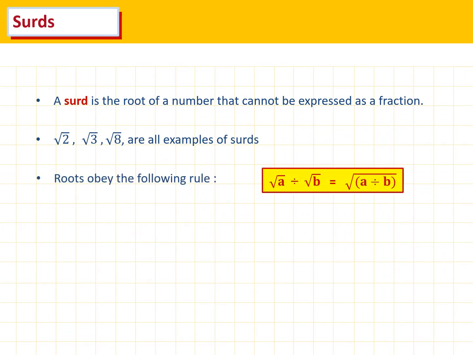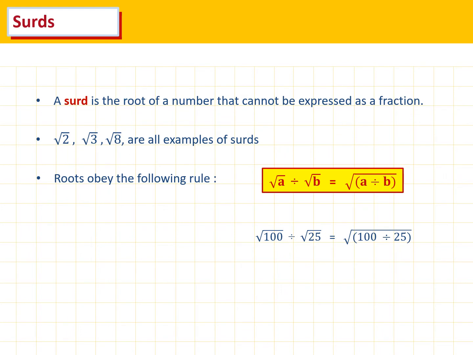Now roots obey the following rule, that the square root of a divided by the square root of b is the square root of the whole of a divided by b. So let's look at that with a numerical example. Root 100 divided by root 25, we are saying that is the square root of 100 divided by 25.